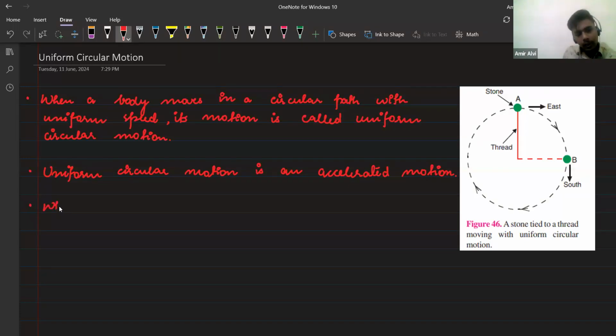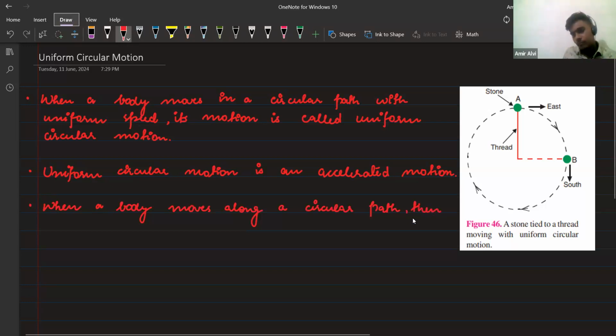The reason is that when a body moves along a circular path, then its direction, this is the short form of direction.